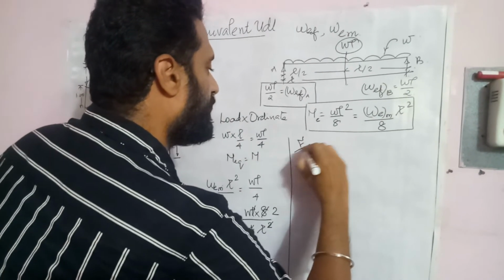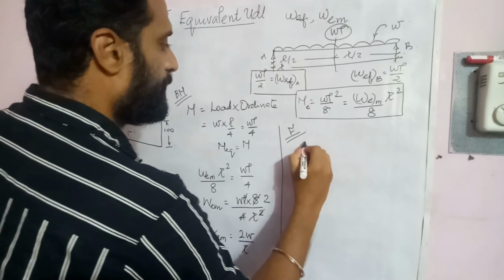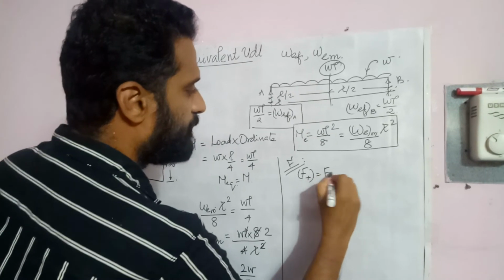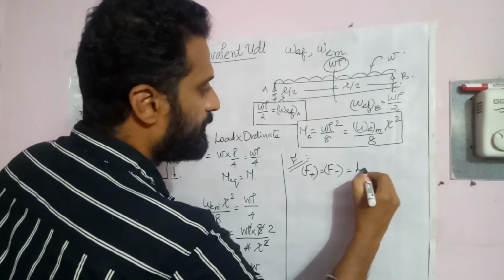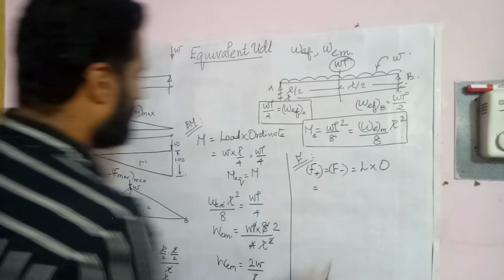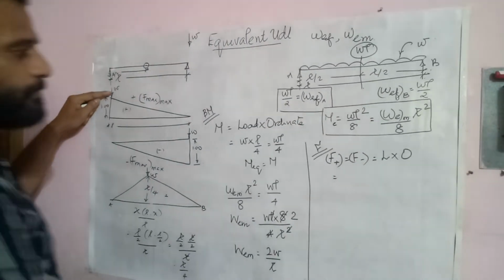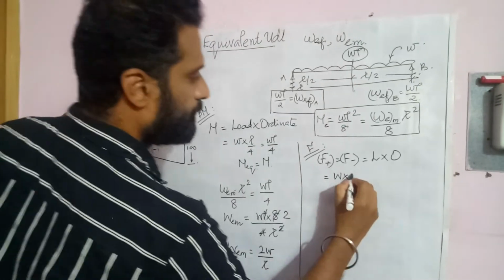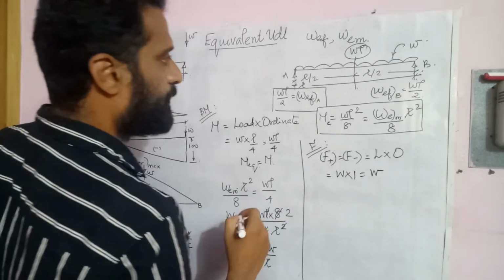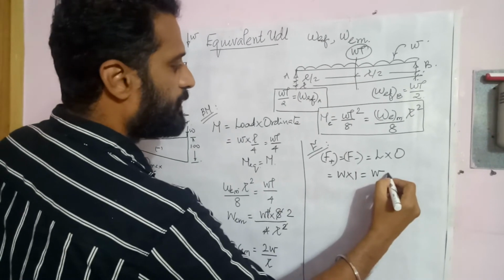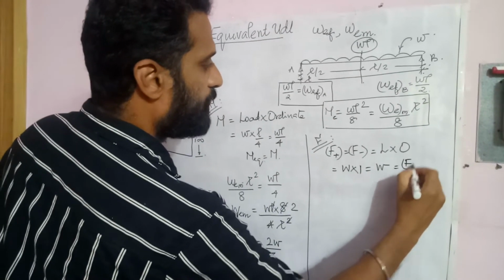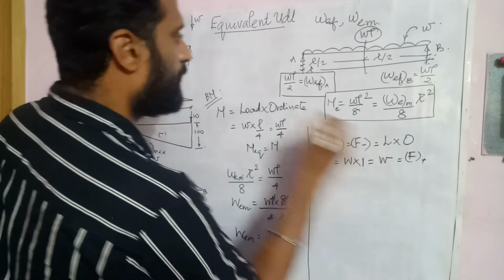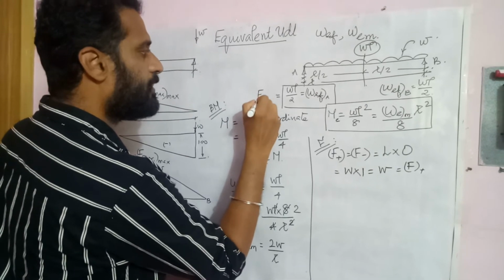Next for shear force, F. Maybe you take positive, both have the same value. F positive is F negative. So what is that? It is load into ordinate. I am taking positive alone. So load is W into ordinate 1, which is W. So this is the positive shear force, and this one is the equivalent shear force.